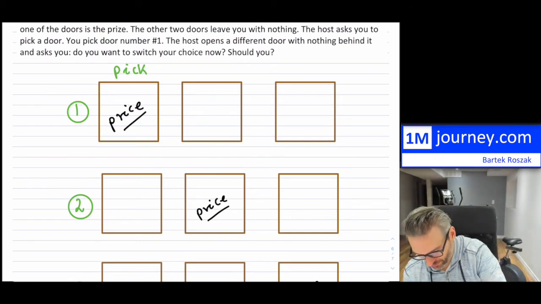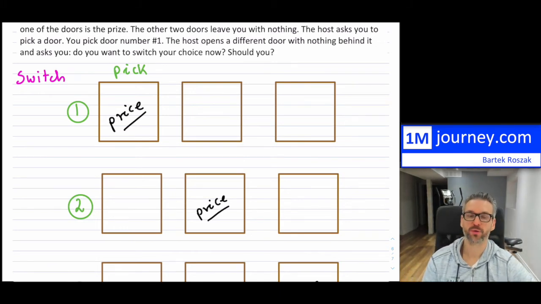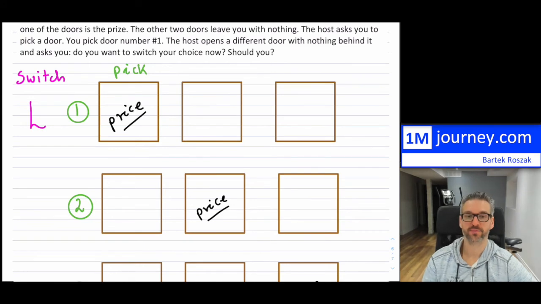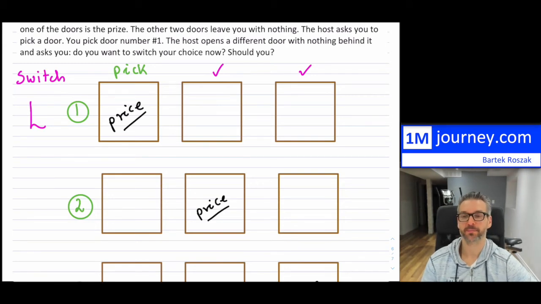So let's say that we switch. If we switch here, we know we're going to lose. We would have lost here if we switched, because the host would have opened either this door or this door. It doesn't really matter. So we lost there.